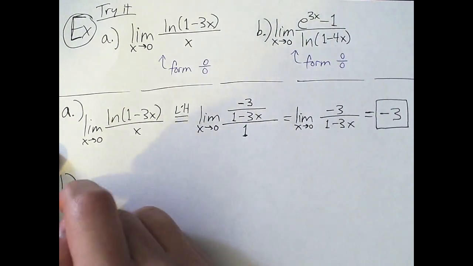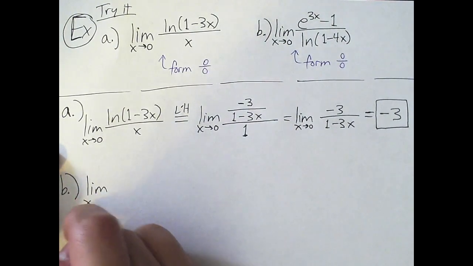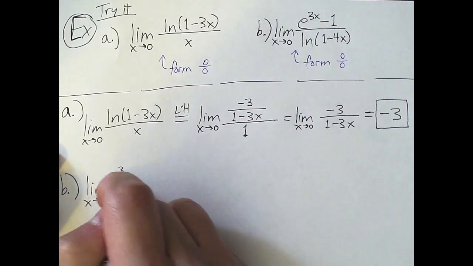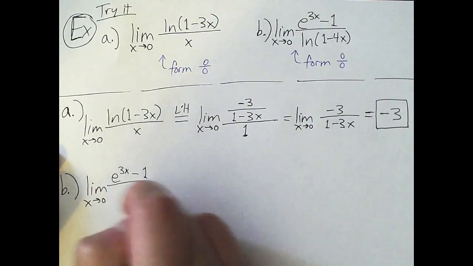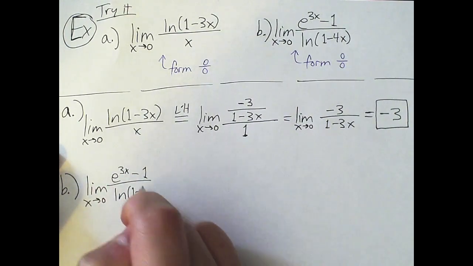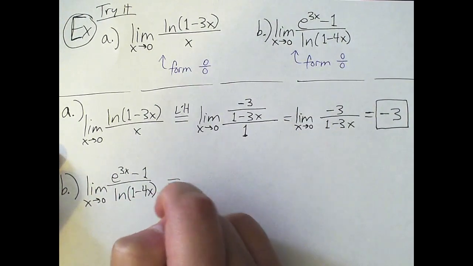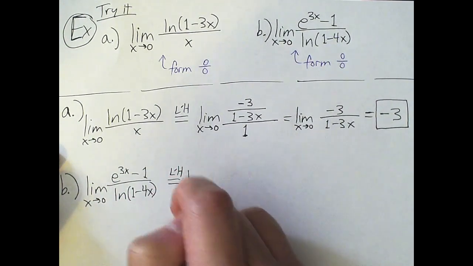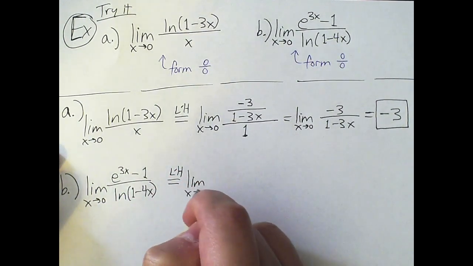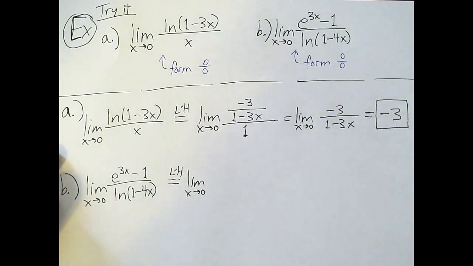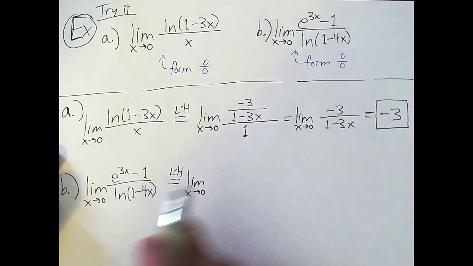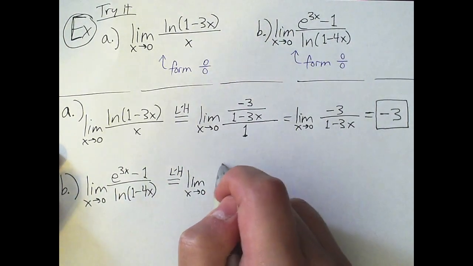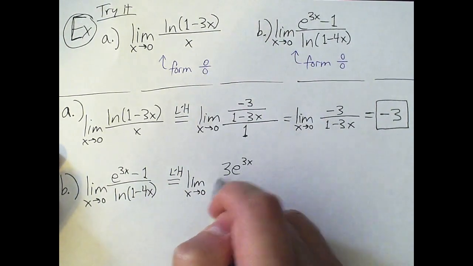Part B. I'll write the problem. I already said above which form it is. So we apply L'Hopital's rule, taking the limit of the derivative of the top over the derivative of the bottom. So let's see. Derivative of the top is 3e to the 3x by the chain rule.